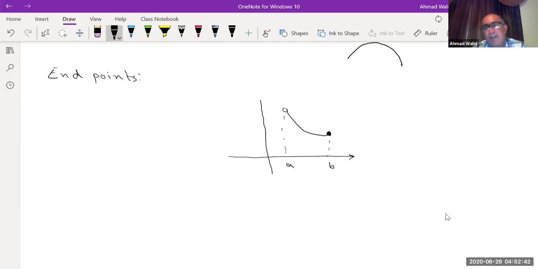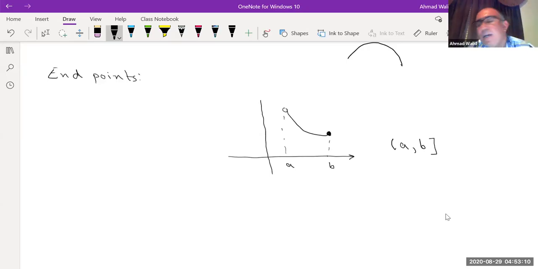I want to check. You see on the side A, at the endpoint A, your function is open, right? I used an open circle. It means I have to use a parenthesis, A, comma. On the endpoint to the right, I used a closed circle. It means I will use a bracket here, right? AB.